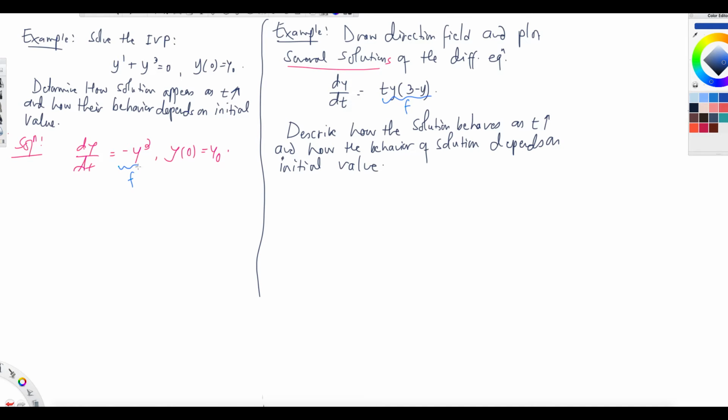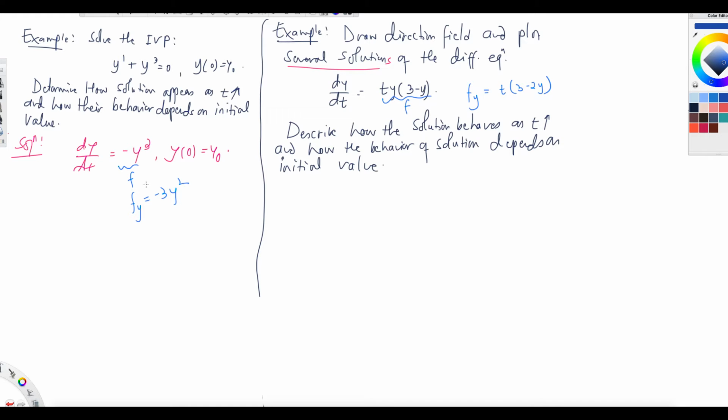So f is a function of y here; f equals negative y cubed, and f sub y will be negative 3y squared. Both f and f sub y, that is the partial of f with respect to y, are continuous everywhere.